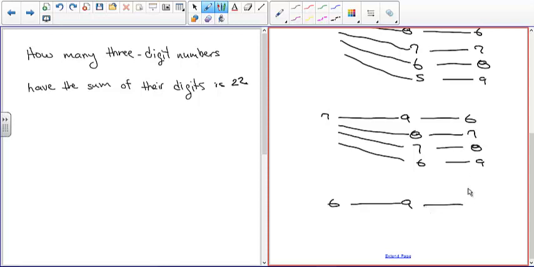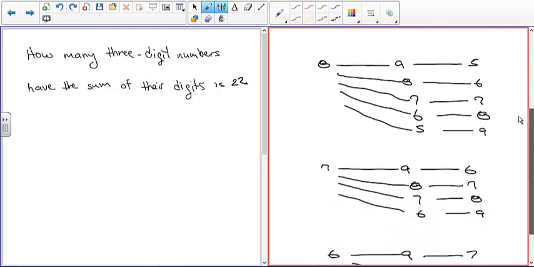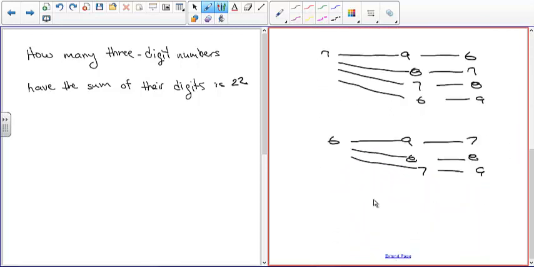This was 6, so that becomes 7, 7, 8, or 6, 8, 8, 6, 7, 9. Again, I've got one less. Started with 6 numbers, 5 numbers, 4 numbers, 3 numbers. So I've got 5 and 9 and 8, 5 and 8 and 9, and then the last one would be 4 and 9 and 9.